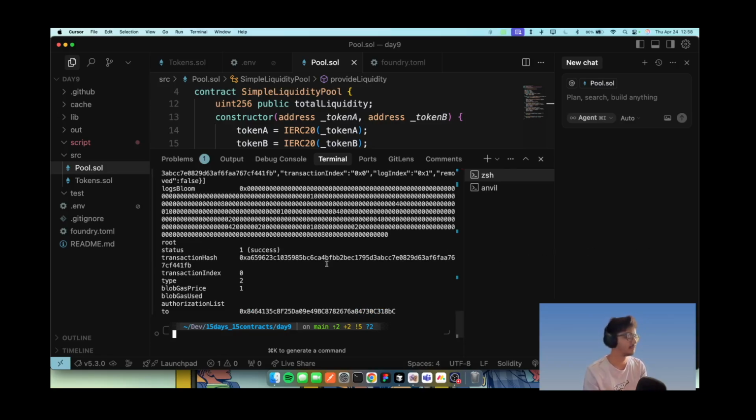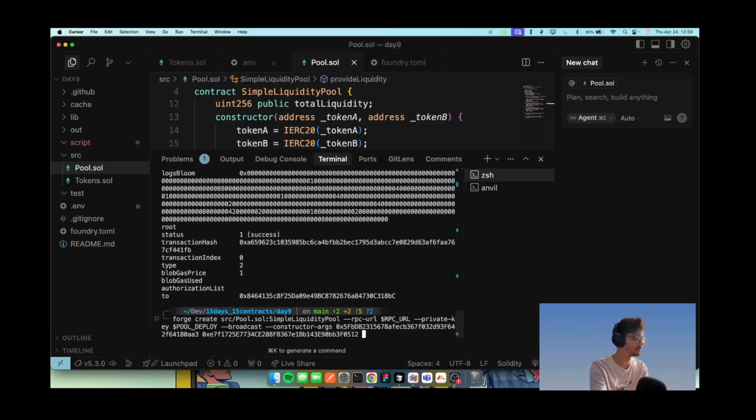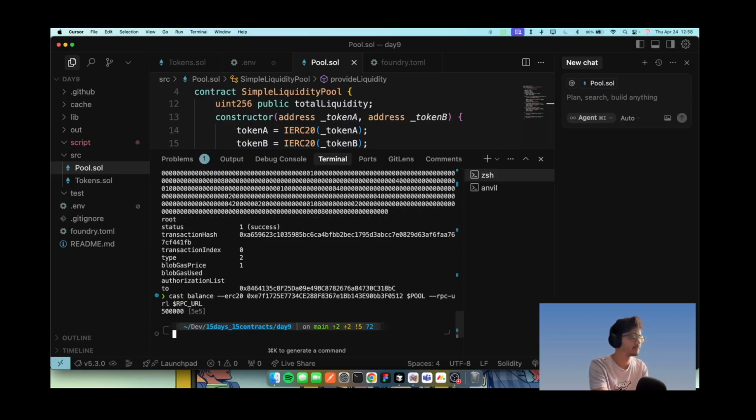Now let's check the balance of the pool here. Let's close this and let's see the balance. So it has 50,000 tokens here.